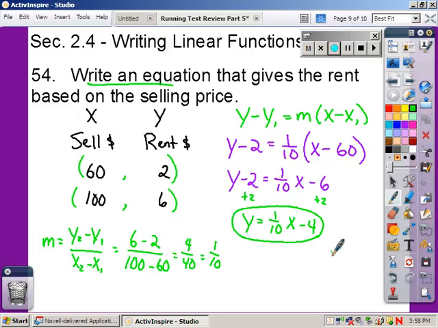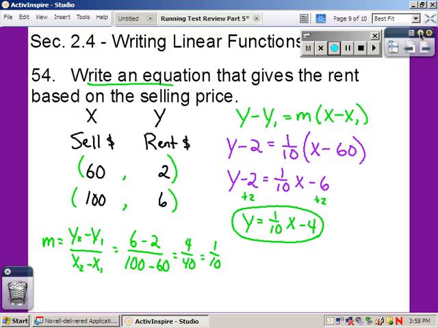If you want, you can also check this just to make sure you did it right. And I guess with a word problem, I'd probably advise doing that. Let's do a little check down here in the corner. If you look at your chart, Marvin Garden says that it's $280 for a selling price and that the rent is $24. What this equation tells you is you should be able to enter the selling price here and you should get 24 as an answer.